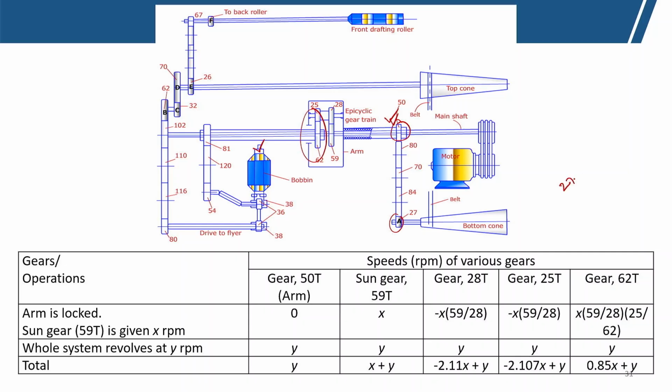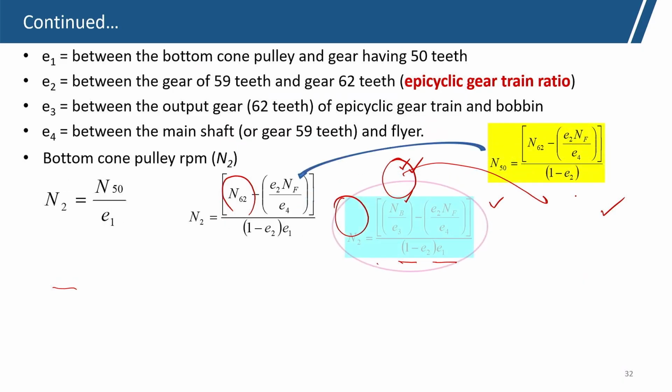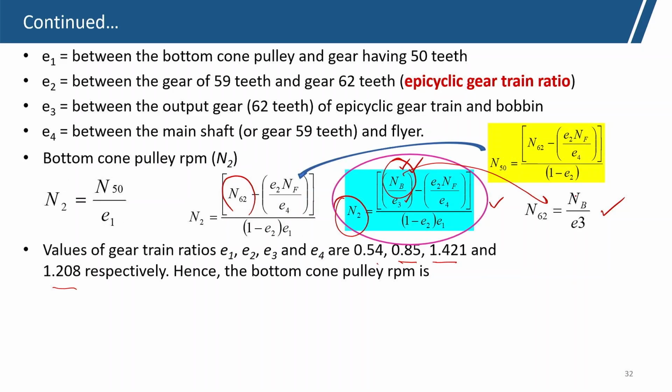So, 27 divided by 50. 27 by 50 will be 0.54, and the epicyclic gear ratio we have already seen, 0.85.